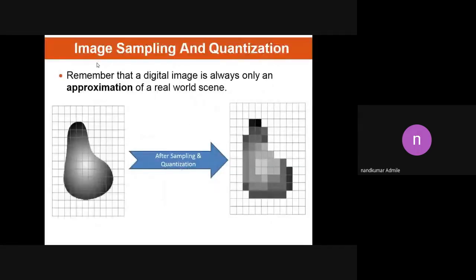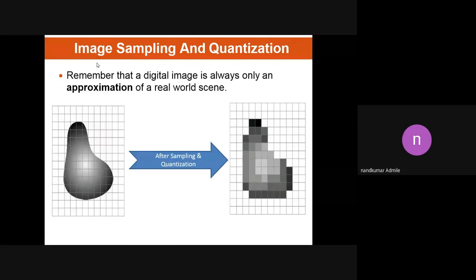Here we can represent the image after applying image sampling and quantization. Here we have one analog image, so a similar shape we can consider. After applying sampling and quantization, it is converted into the digital format. Everyone observe how the analog image is converted into the digital image.